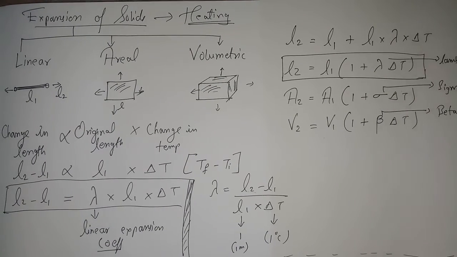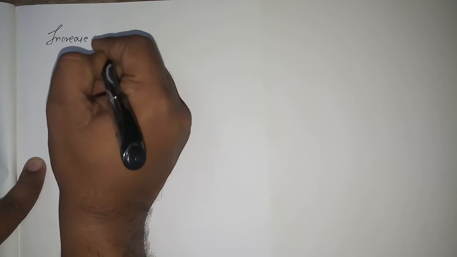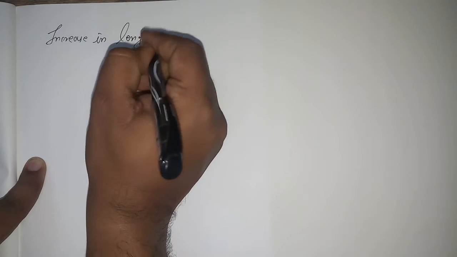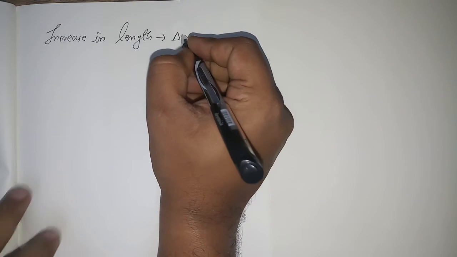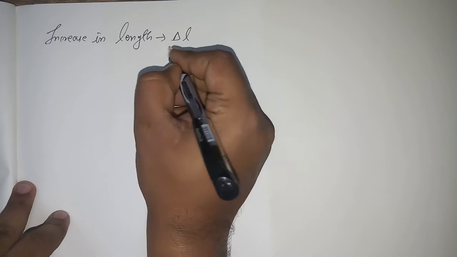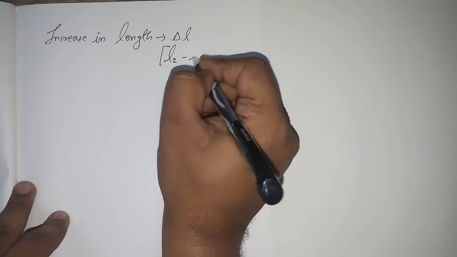So let's have one numerical for this. The question is: what will be the increase in length of the steel rod? Increase in length means it is asking for delta L, that is length 2 minus length 1.